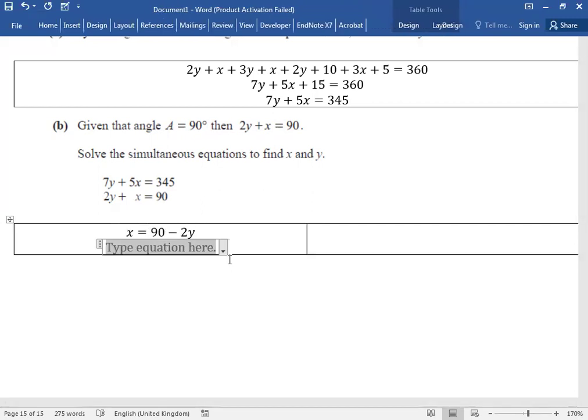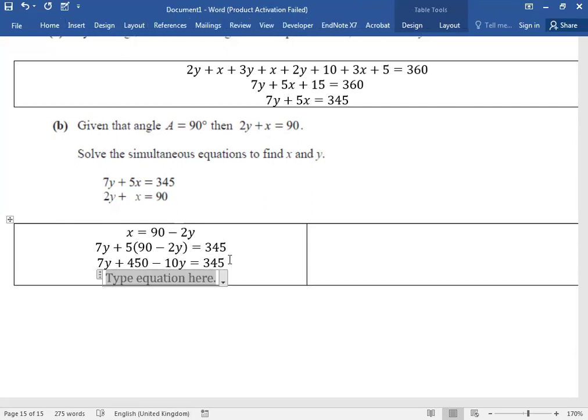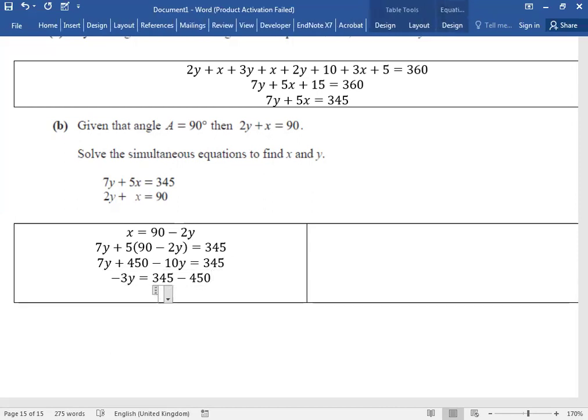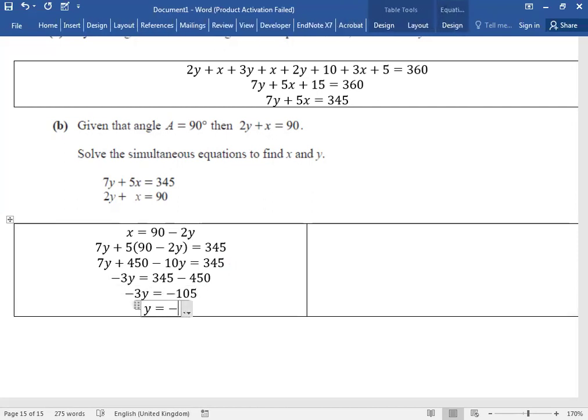So now which one should I plug it in? पहले वाले में plug in करते हैं. 7y plus 5 times (90 minus 2y) is 345. Carefully, 7y plus 5 into 90 is 450 minus 10y is 345. So minus 3y is 345 minus 450. So minus 3y is minus 105. Y is minus 105 upon minus 3.